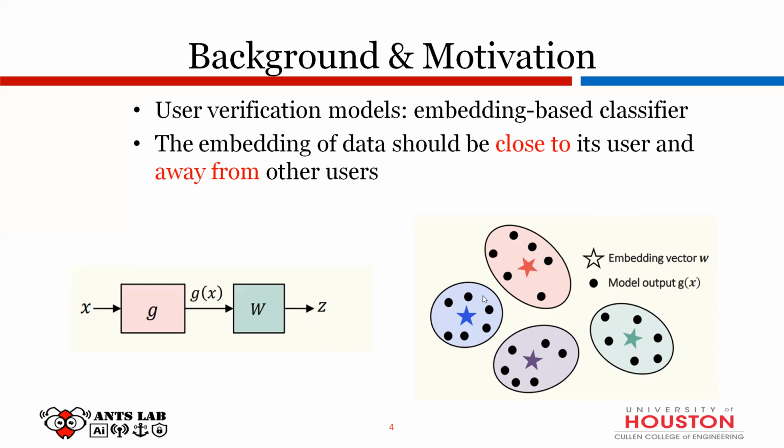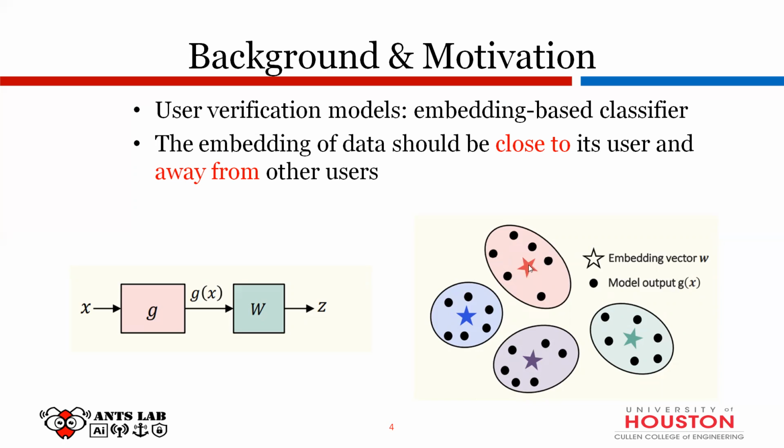We can see there are 4 different users in this graph: user A, user B, user C, user D. And there are also some points around them. These are the model outputs of GX. All those dots near a user mean that those output results are related or close to the embedding vector of their own user.